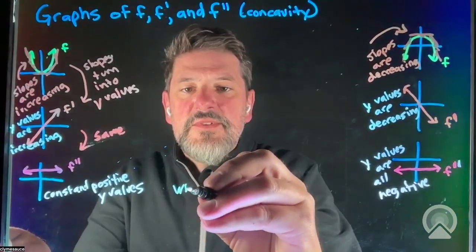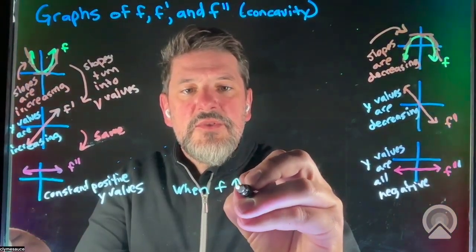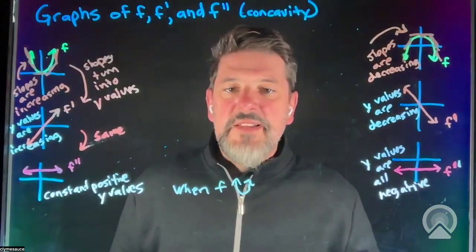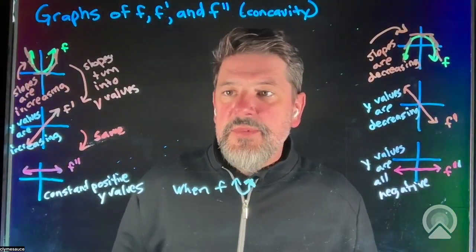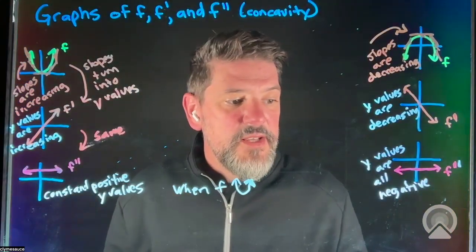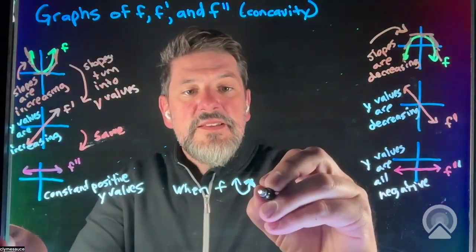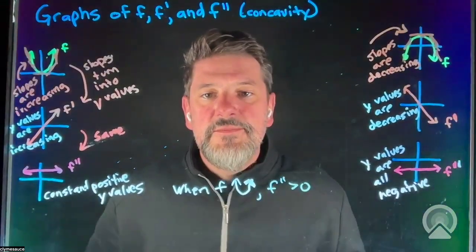I've given you two examples. One example is when f looks like this, looks like a smiley face. Okay, there's a word for that. It's called concave up. And whenever f is like a smiley face like that, or concave up, then the second derivative will always be positive.